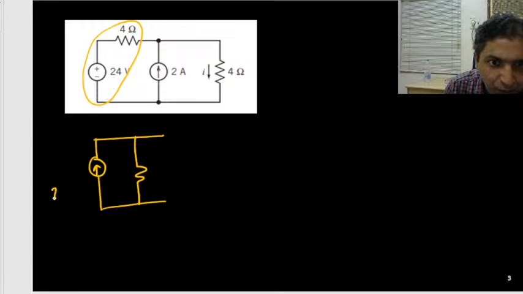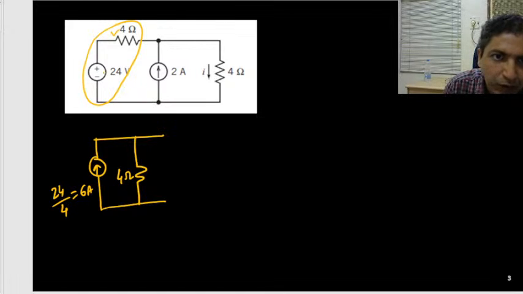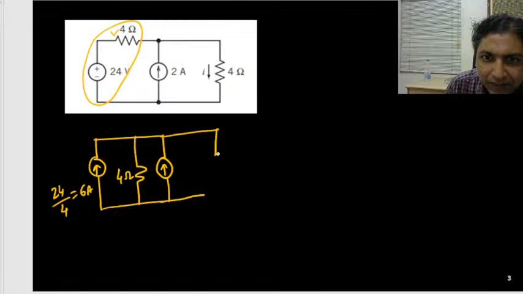So 24 is the voltage level and 4 is the resistance. So it is nothing but 6 ampere. Okay. And this resistance 4 ohm will be coming here. Means we are going to convert this voltage source to a current source with parallel resistance. And then we will connect this one and this resistance. This is your 2 ampere upward, this is your 4 ohm.